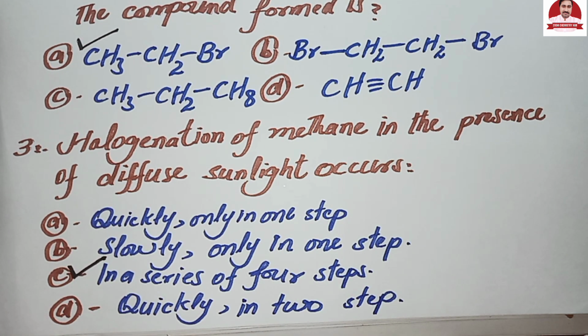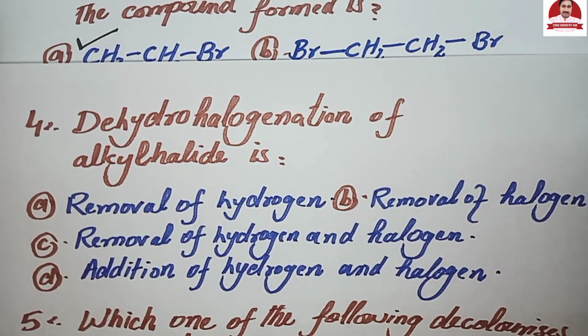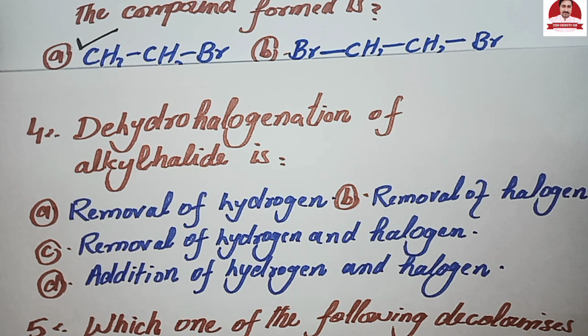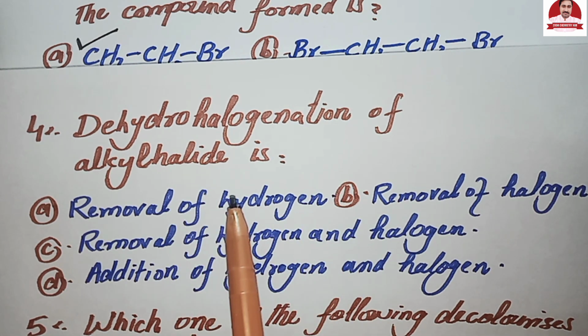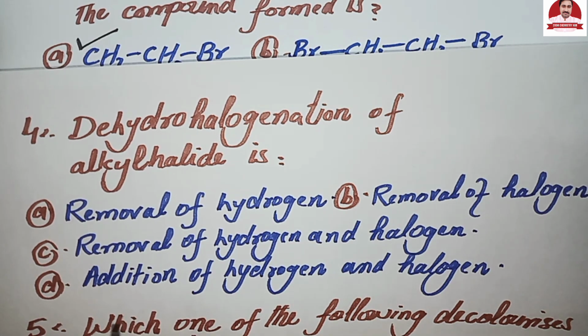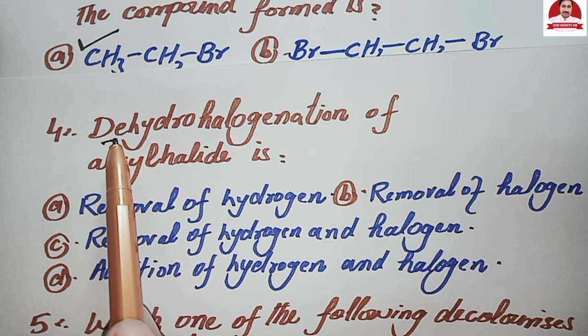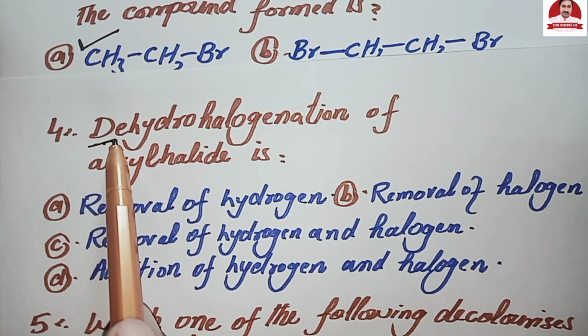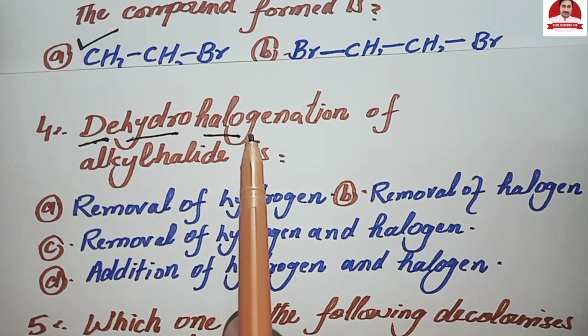Next question, question number 4. Dehydrohalogenation of alkyl halides is. As the name indicates, de means removal of anything, hydro means hydrogen, and halogen means halogens.